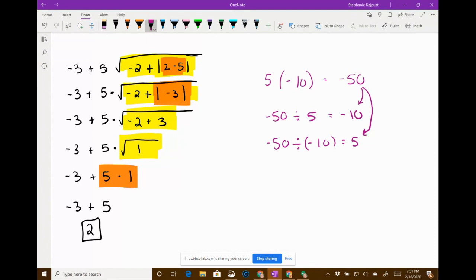So, Miss Stephanie, were those two problems that you put as an example for our assignment? Were those our assignment math problems to do? Okay, so Sabrina, your question is about those two examples.